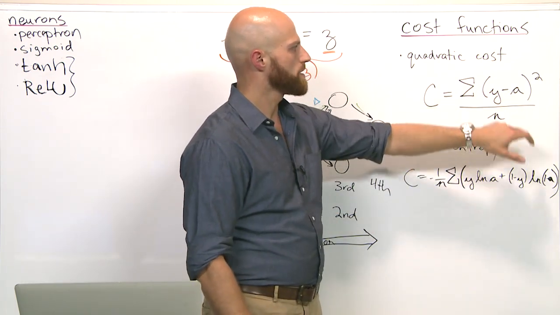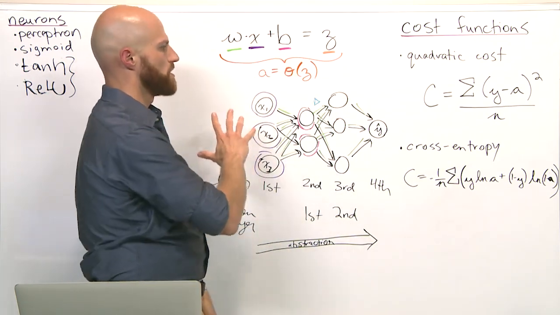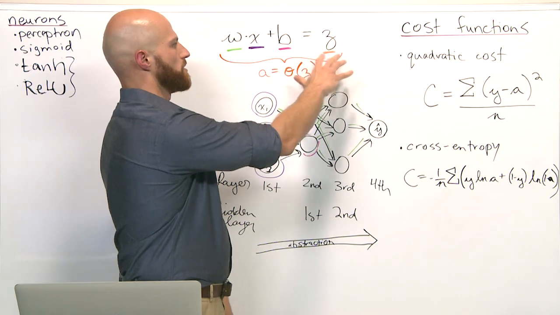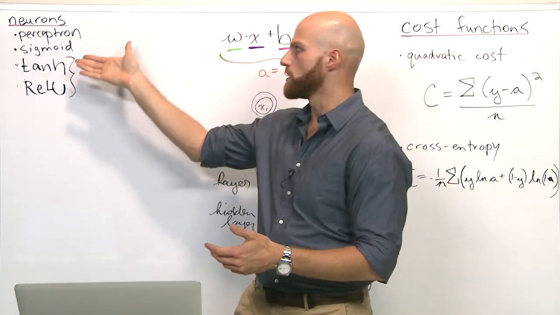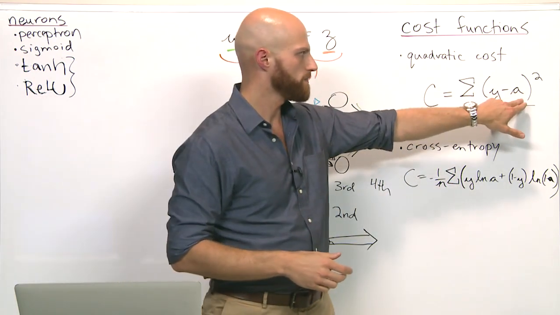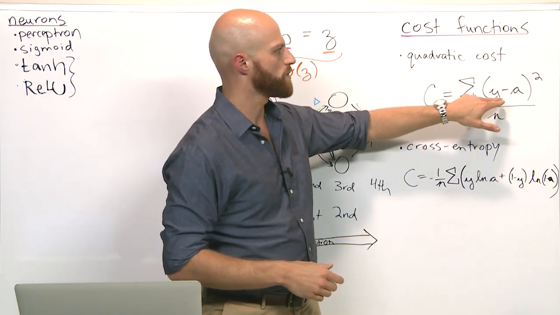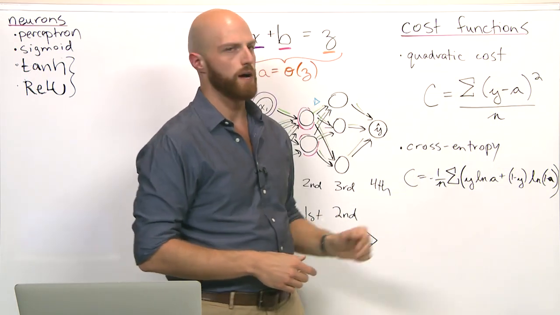And then a is the output of the neuron. So we have z, which we've talked about a lot. We pass that through some kind of function, which could be sigmoid or tanh or ReLU, and then that gives us a.